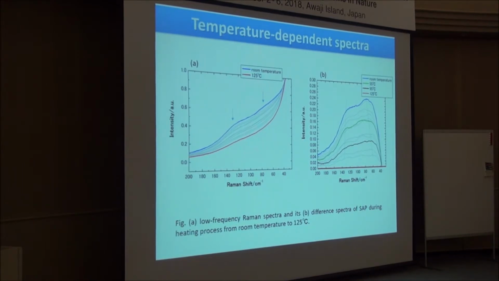The band at around 70 shows a shift to a lower frequency with heating, and the band at around 126 wave number shows a shift to a higher frequency during heating.